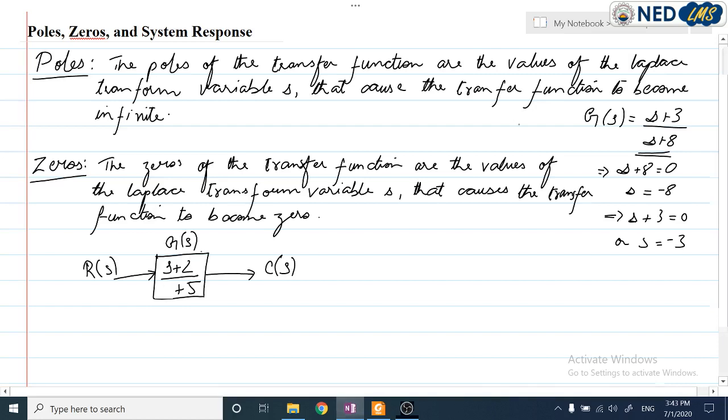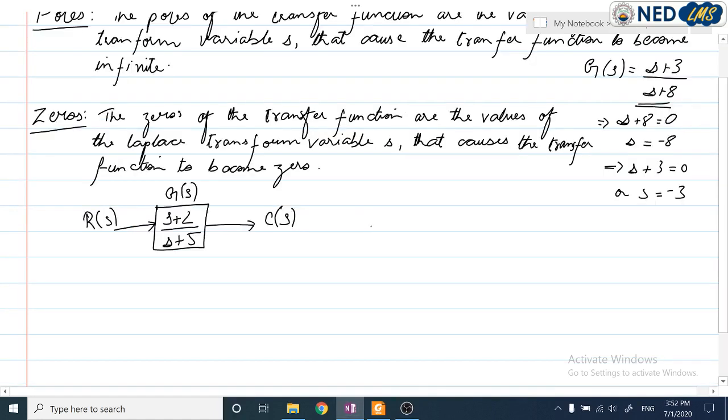According to the definition of poles and zeros, the numerator term s plus 2 is our 0, because it causes the transfer function to become 0, and the term which is present in the denominator, which is s plus 5, is our pole, because this s equal to minus 5 term will cause this transfer function to become infinite.